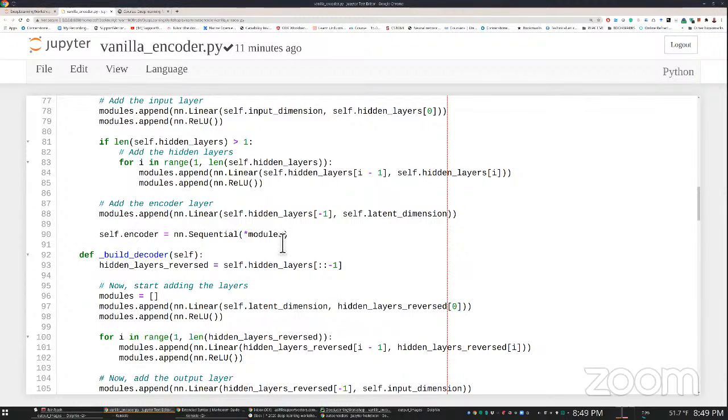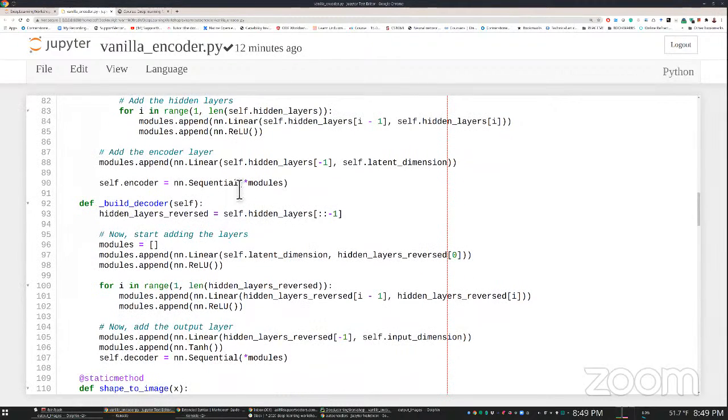Sequential is expecting literally an unwrapped list, so you can go on adding things to it, and it will take a list and unwrap it. And a double star unwraps a map. Single star in Python unwraps a list. It just so happens that sequential takes arguments like that.